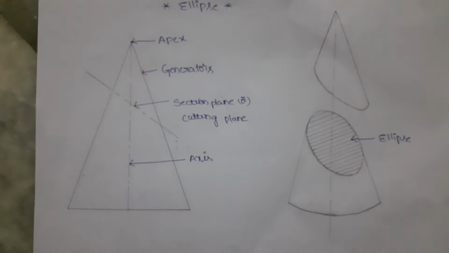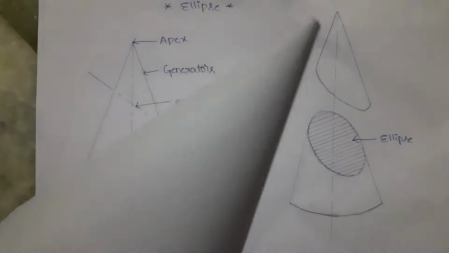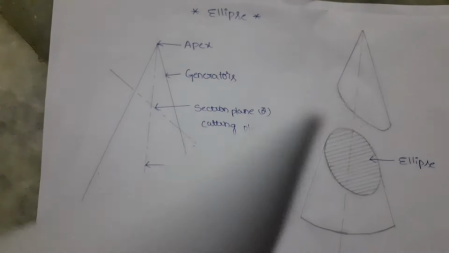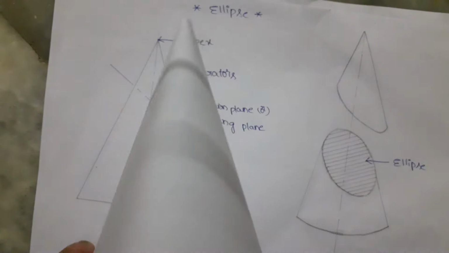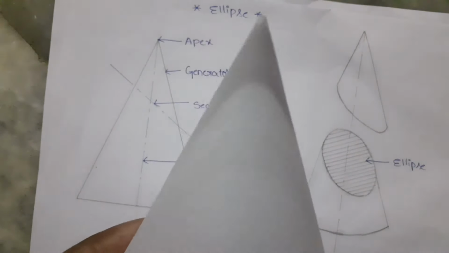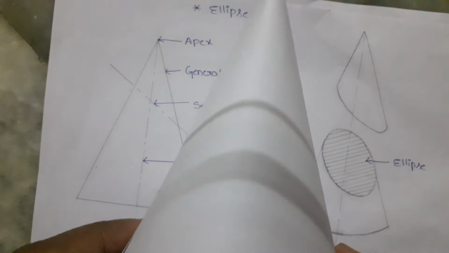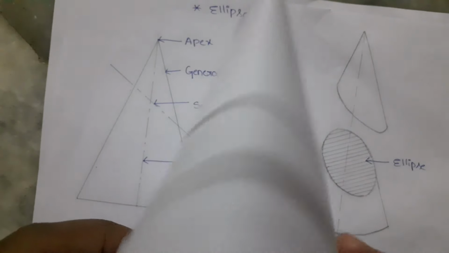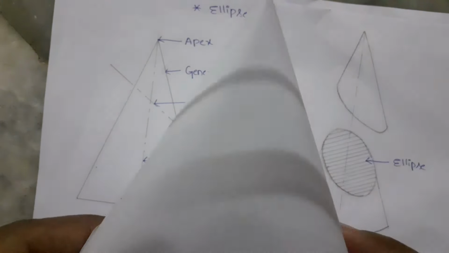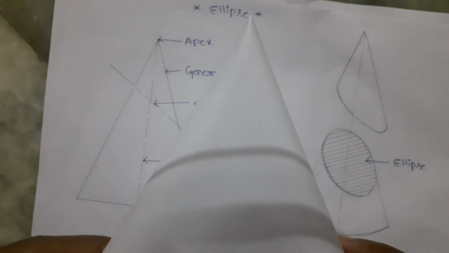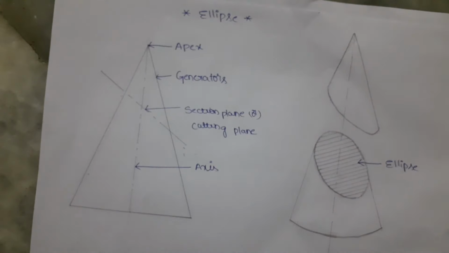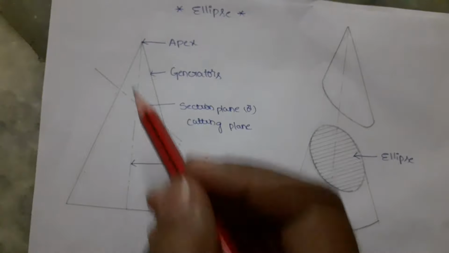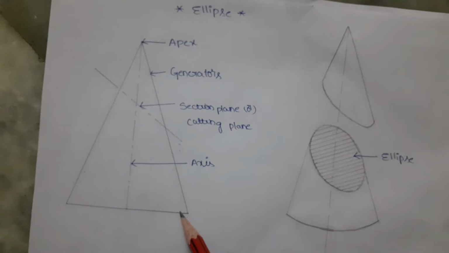Coming to the ellipse, in conic sections we'll consider a cone. This is the cone, you can see the cone here. If you see the front view of a cone, it looks like a triangle. This is the triangle or the front view of the cone.